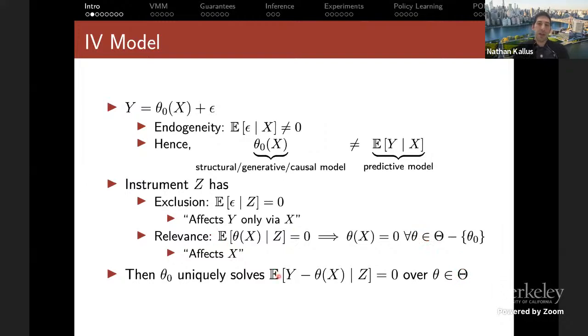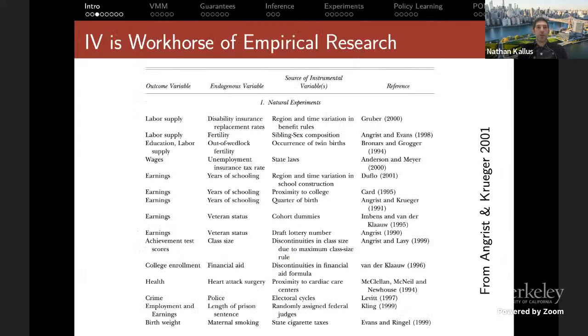In particular, it should be the case that if we look at the residuals, once we subtract from Y our causal prediction of it, theta of X, those residuals should be mean independent of Z. So the mean of the residuals given Z should be equal to 0. This is coming directly from the exclusion, and the uniqueness is coming from the relevance. So this very general type of model is a workhorse of empirical research in econ.